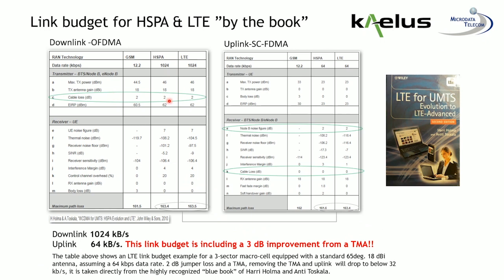This corresponds to, depending on frequency, it depends on the length of the jumper, of course, but on 1800 to 2.1, this is roughly a 6-meter jumper or 5-meter jumper. We can also see that the link budget for the downlink here allows you to have 163.4 or 0.5 dB of path loss maximum.